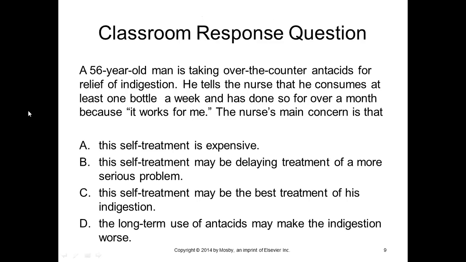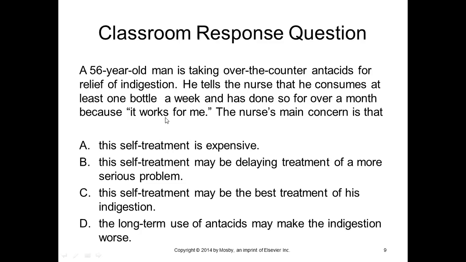What next? A question here. A 56-year-old man is taking over-the-counter antacid for relief of indigestion. He tells the nurse that he consumed at least one bottle a week.